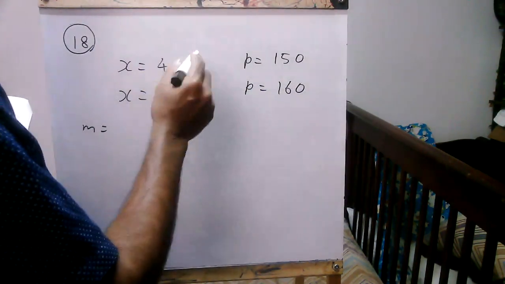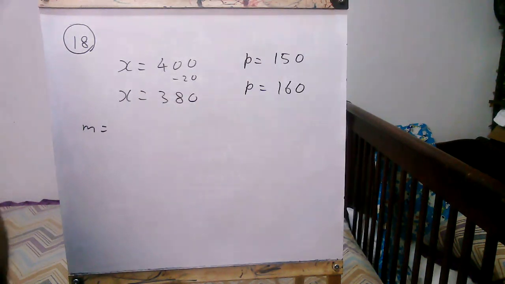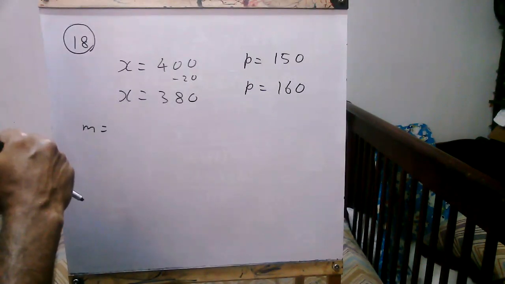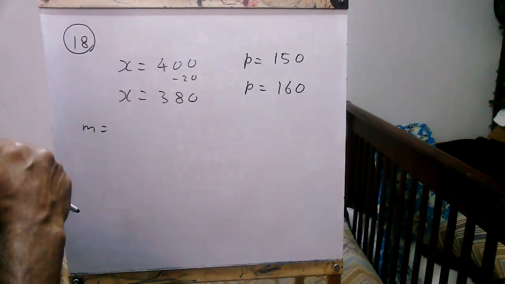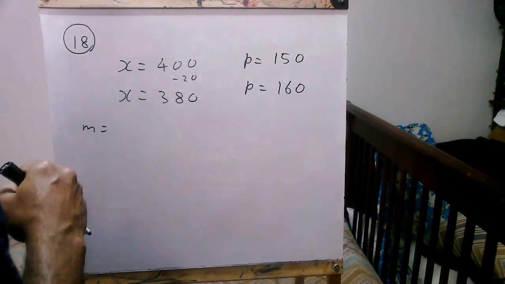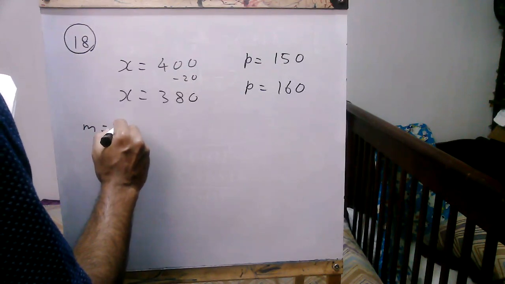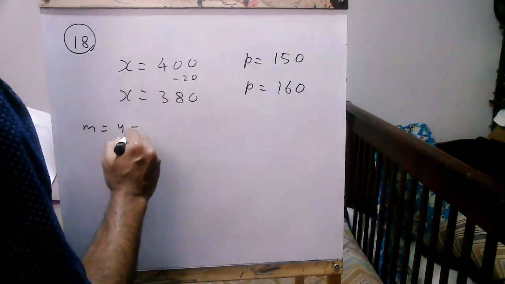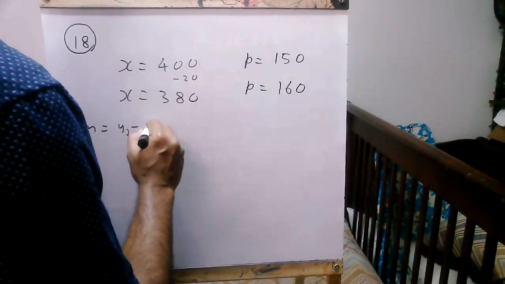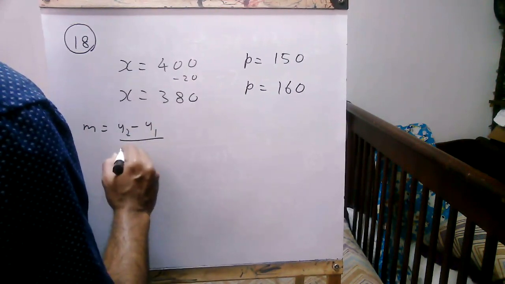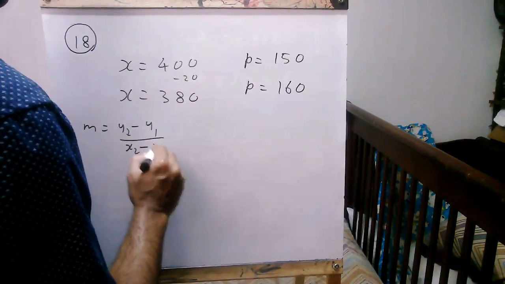We can use either one as x1 y1, and the other one as x2 y2. M is y2 minus y1 divided by x2 minus x1.